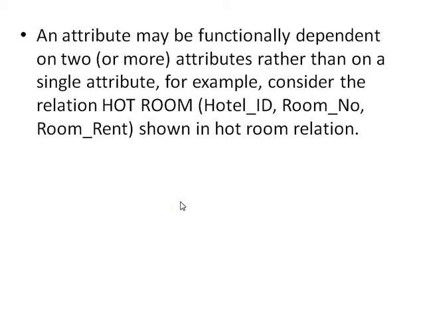For example, consider the relation hotel room, with hotel ID, room number, and room rent, shown in the hotel room relation. So one attribute can be fully functionally dependent on more than one attribute. So in the example of hotel room, hotel ID, room number and room rent, room rent is fully functionally dependent on hotel ID as well as room number.